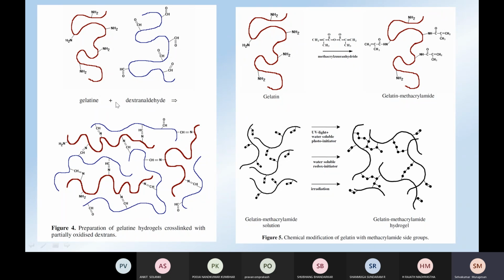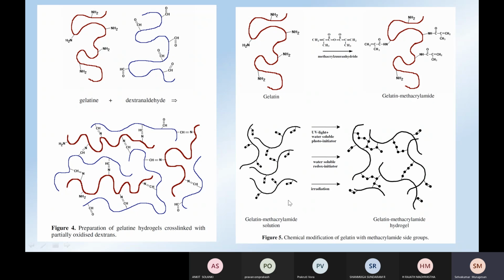Say, for example, you can see here you have an electronegative group, OH groups here, and you have proton groups here, NH groups. So plus or minus, there is a difference in the electronegativity charges, and as a result, the formation of hydrogen bonds is pretty easy. So this was the network structure which was formed with gelatin and dextran-based solutions, and this one is another example with gelatin and gelatin methacrylamide-based solutions.